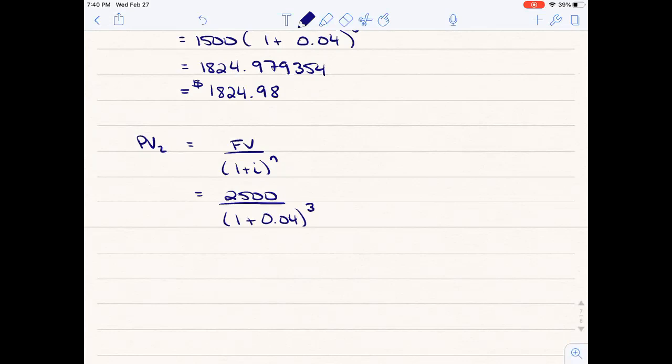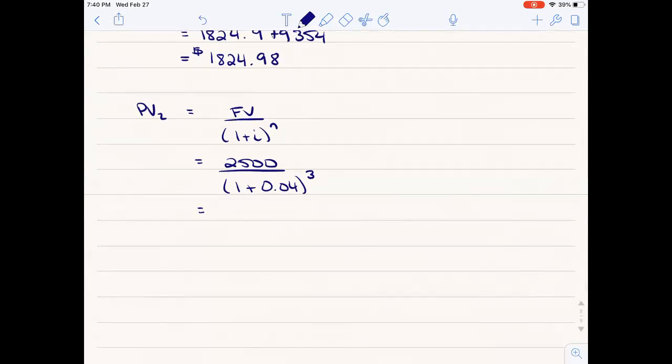So again, we simplify inside the brackets, 1.04 to the power of 3, and then divide 2,500 by that. I get 2,222.490897, which in money is 2,222.49.